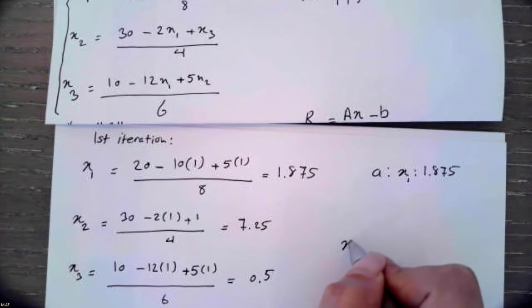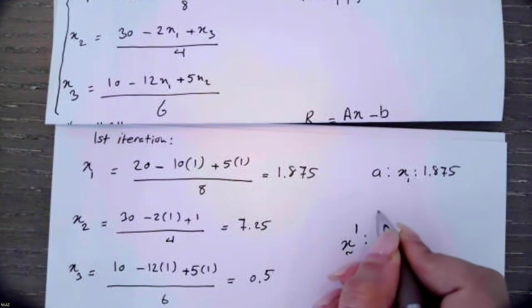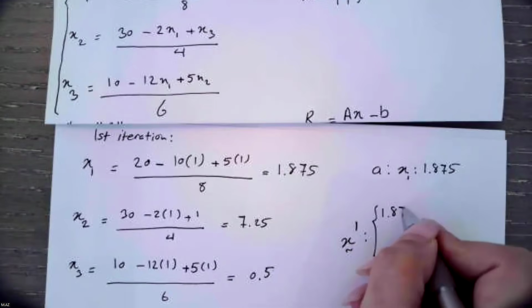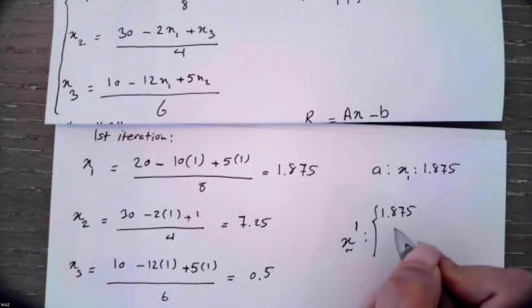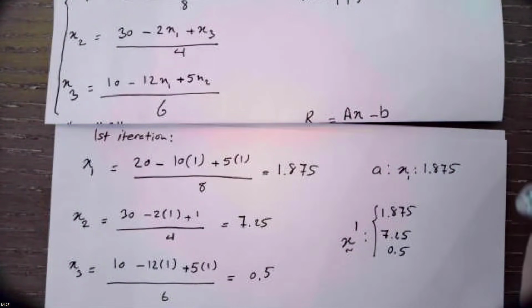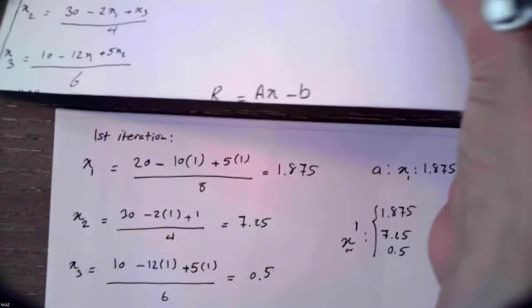This is the vector of the x after the first iteration: 1.875, 7.25.